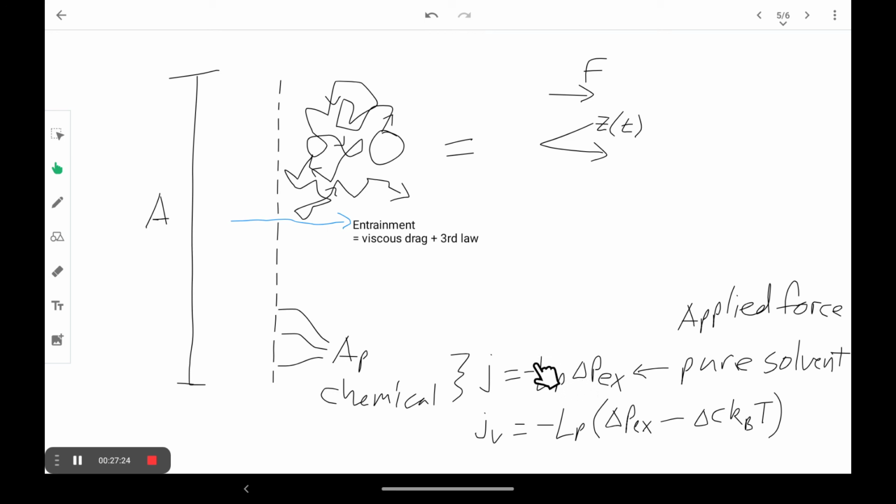Now, the flow will depend on how well the solvent can get through, and that is all encapsulated in one coefficient called the filtration coefficient, called LP. It depends on things like the fractional area of the holes, you know, how permeable the membrane is, as well as some chemical interactions.